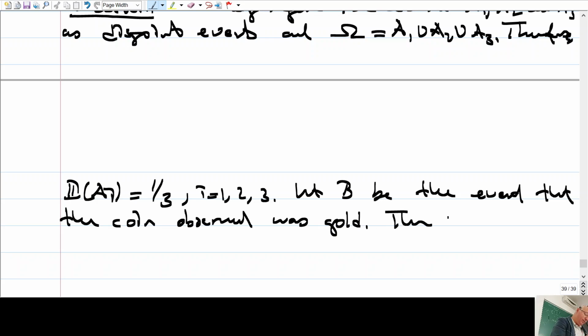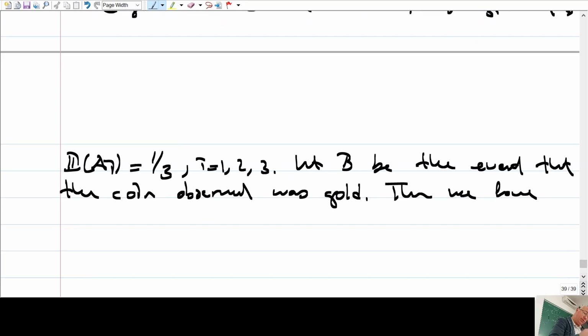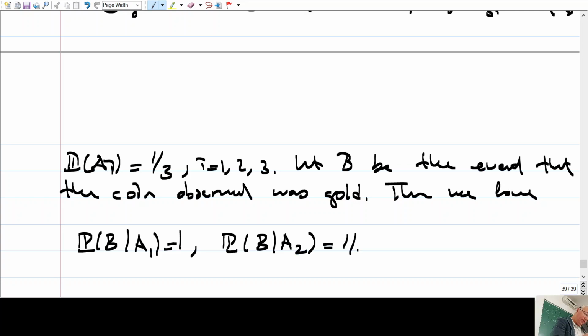Then we have what? P(B|A1) is 1, P(B|A2) is 1 over 2, and P(B|A3) is 0.